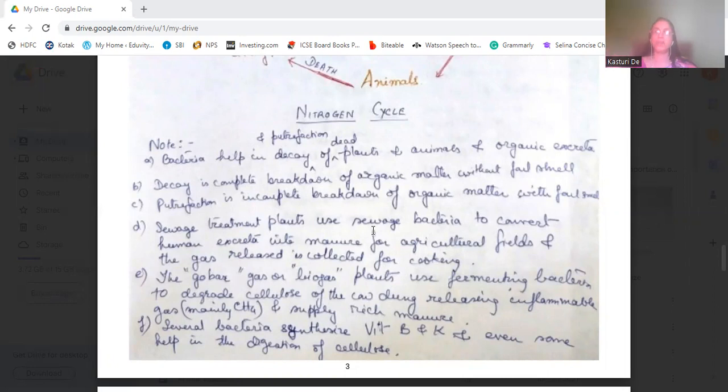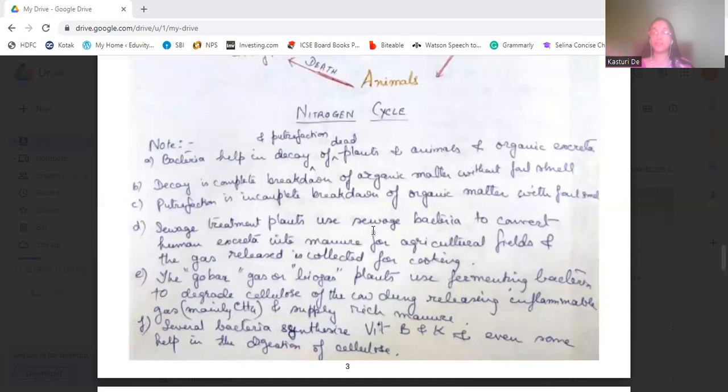Then in the sewage treatment plants, sewage bacteria convert human excreta into manure for agricultural fields, and the gas which is released is used for cooking. Then the gobar gas or biogas plants use fermenting bacteria to degrade the cellulose of the cow dung.